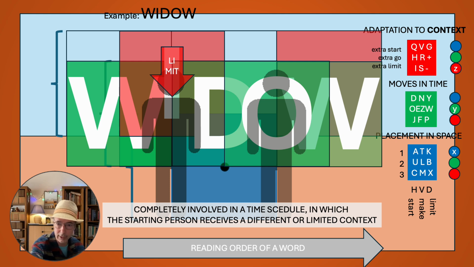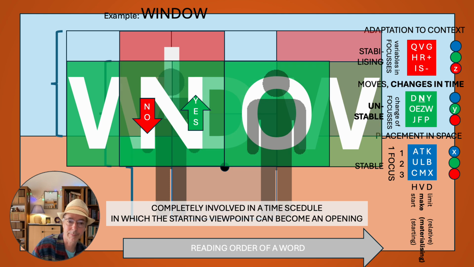And here this widow is actually describing a whole time schedule that is going on, in which one point is inserted where the person is, and it limits the situation, and that's how the context of widow is indeed describing what widow is about.